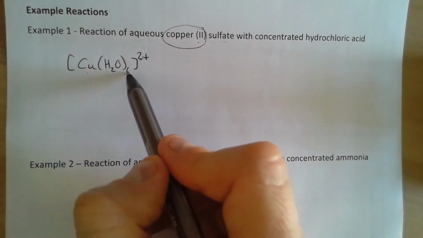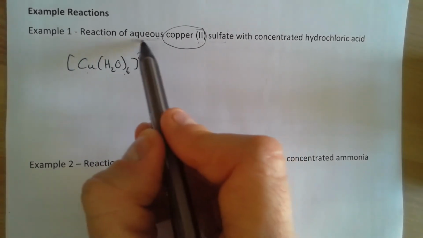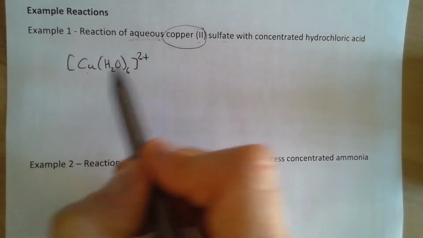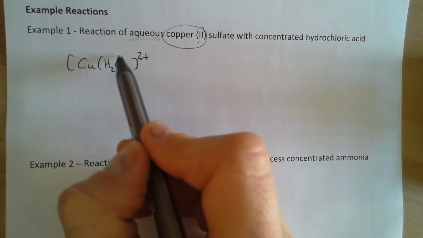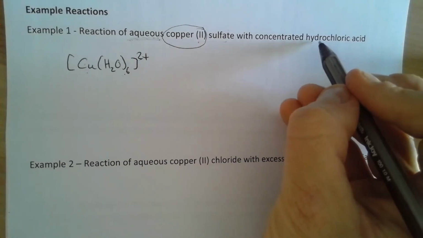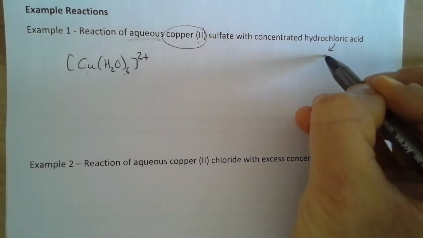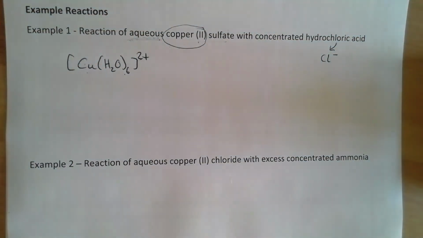How do I know it's got 6 water ligands? Every single transition metal aqueous ion in solution is the metal and 6 water ligands like this. Now concentrated hydrochloric acid in the case of transition metals is producing Cl- ions as a ligand.